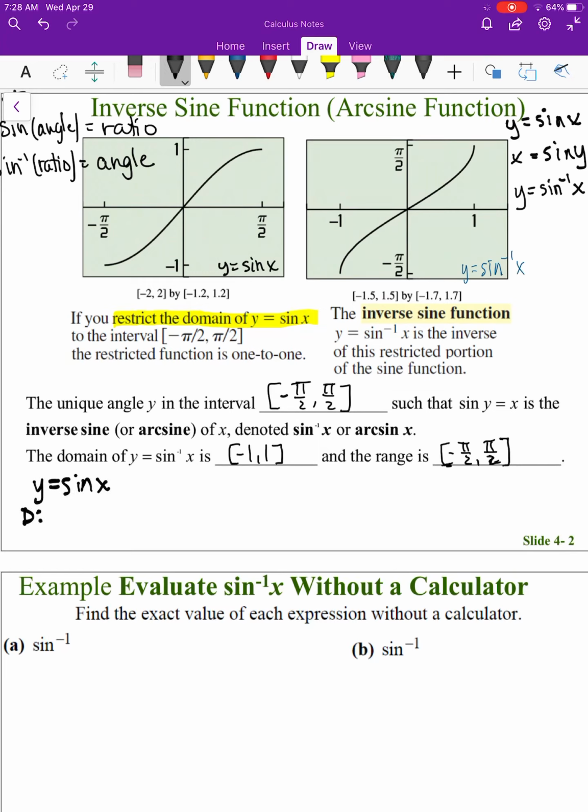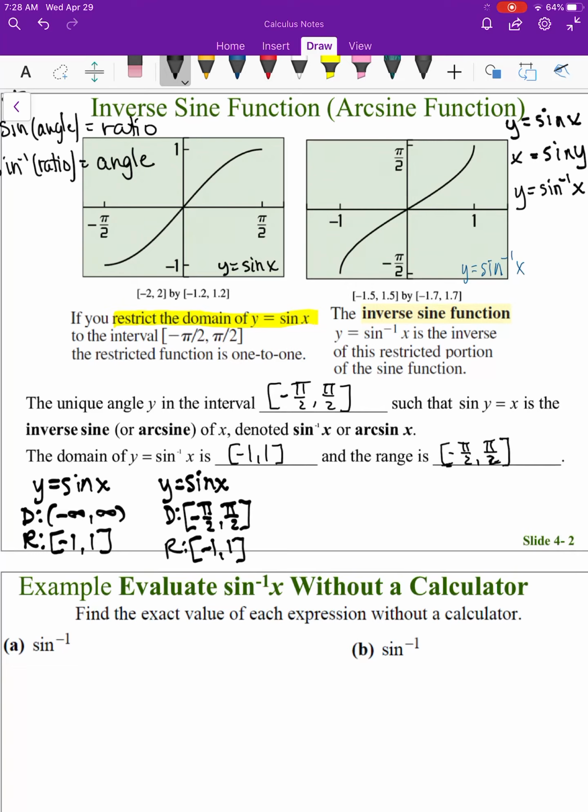So normally, if you had y equals sine of x, the domain was negative infinity, positive infinity. The range was negative 1, 1. But we took y equals the sine of x, and we said we're only going to look at the domain negative pi over 2 to positive pi over 2.